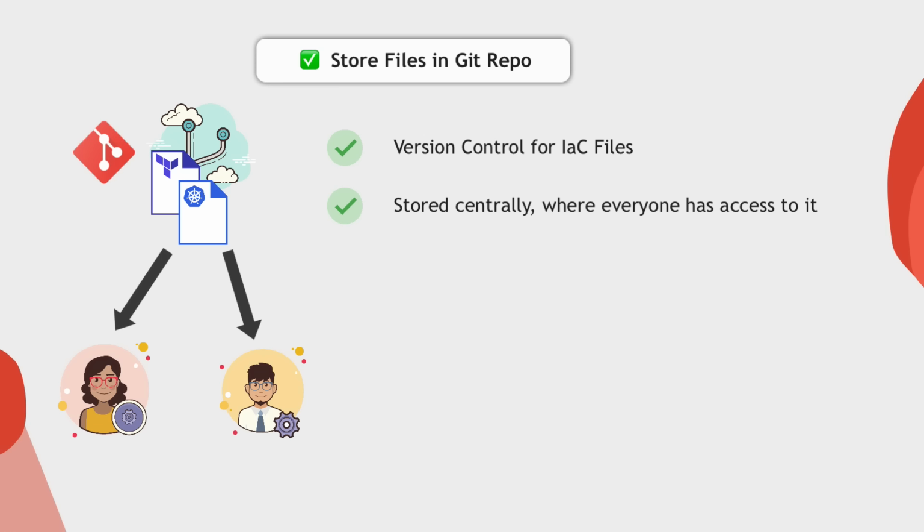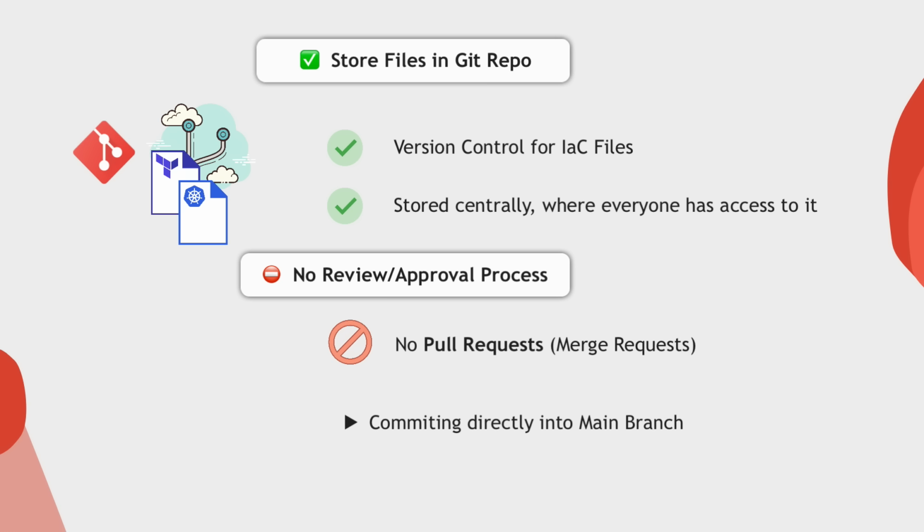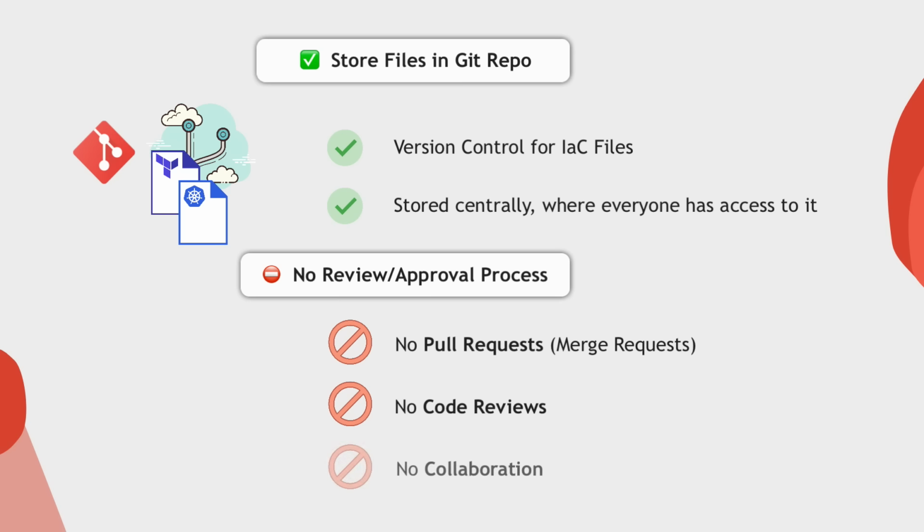and collaborate. But when you make any changes to the code, you may not have a defined procedure like pull requests. You may just have a main branch, and when you change the code, you commit it directly into the main branch. As well as if someone else in the team changes code, they can commit directly into the main branch. So no code reviews, no collaboration on the changes.